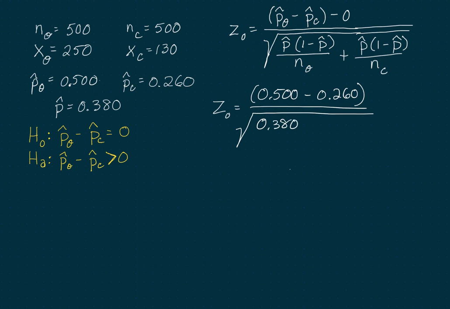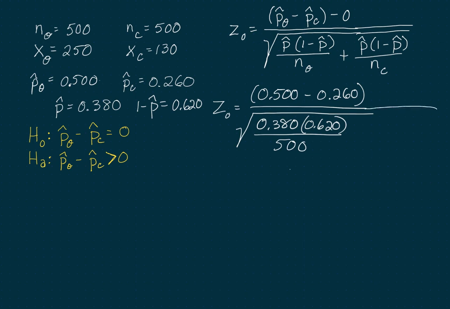I'm going to calculate over here what 1 minus p hat is equal to, or 1 minus 0.380. That is 0.620. So that's what goes here, divided by the number of our organic eaters, which was 500.